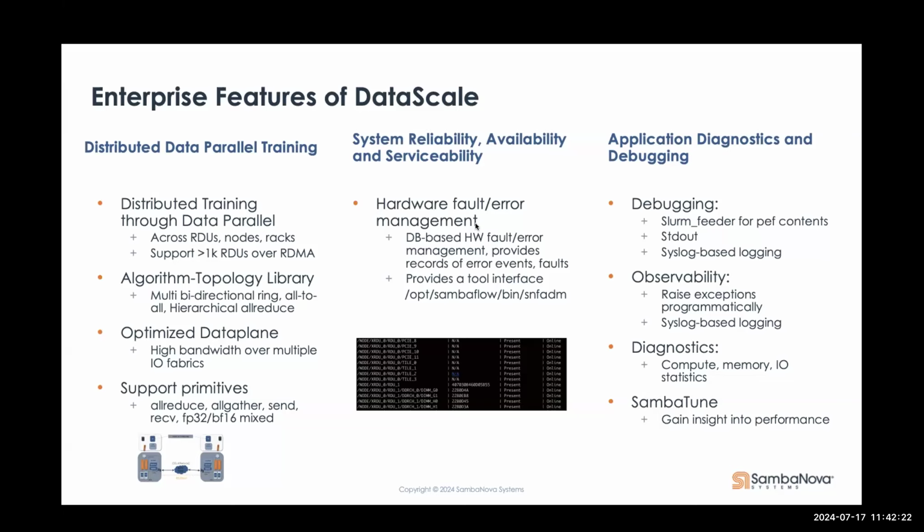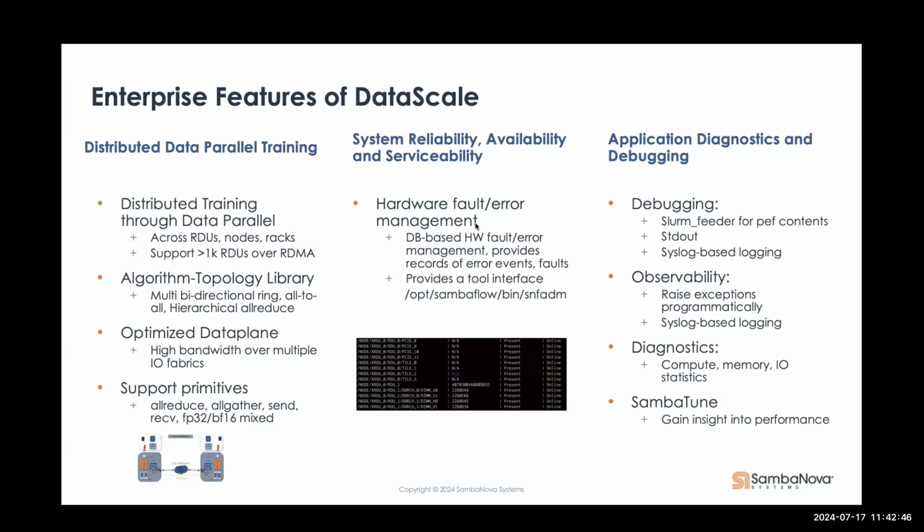DataScale itself is built with enterprise features in mind: multi-tenancy, multi-users, as you saw in the past, with the dataflow philosophy of the architecture behind it. That's the key driver. But there are several enterprise-grade features in DataScale. You can do distributed data parallel training, like you can on many platforms in the industry.